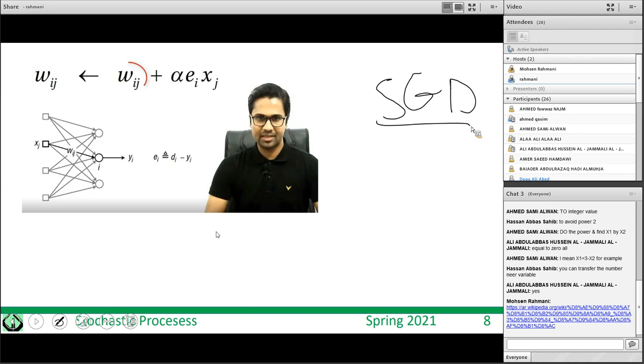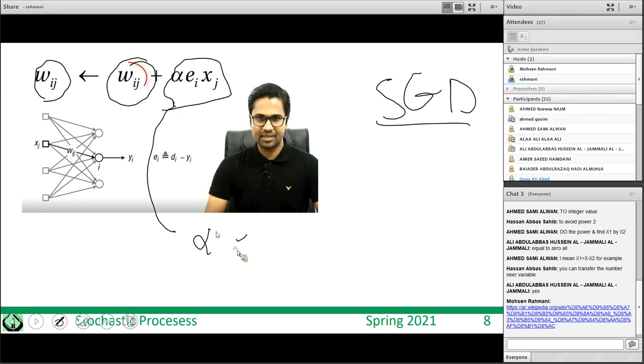In gradient descent, or stochastic gradient descent, we change W by adding a value. The value is alpha E_i X_i. What is alpha?